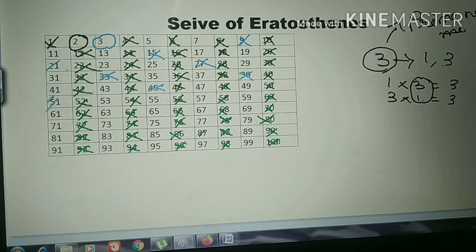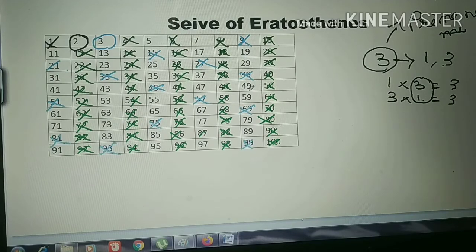Now see 51, and 57 we can cancel. Now observe here, nothing, nothing, yes. Now this we can strike off, and this also we can strike off, and this one we can't.